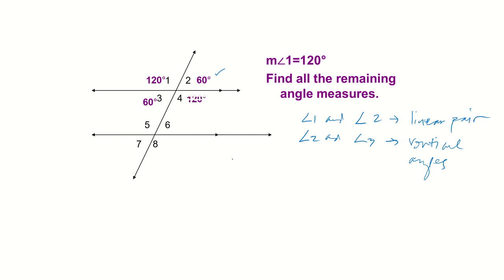Same with angle 4, similar concept. When we compare angles 1 and 4, they're also vertical angles. But of course, there's nothing wrong if you consider 2 and 4 as the pairing. Angles 2 and 4 form a linear pair.